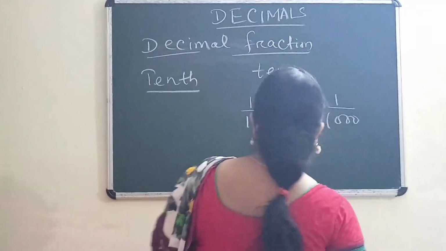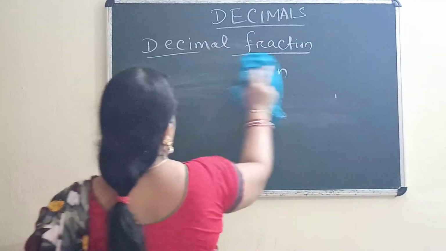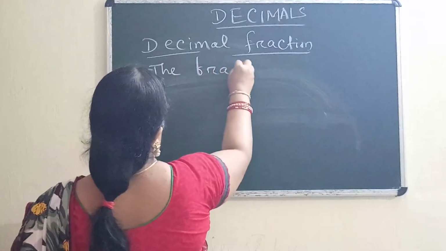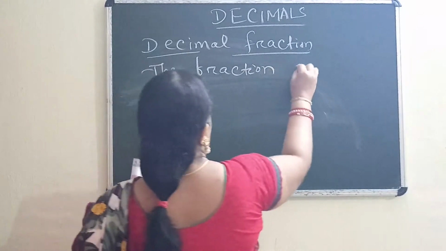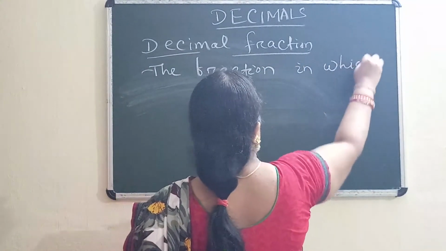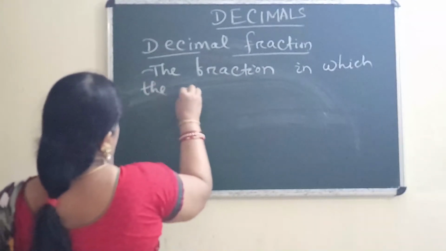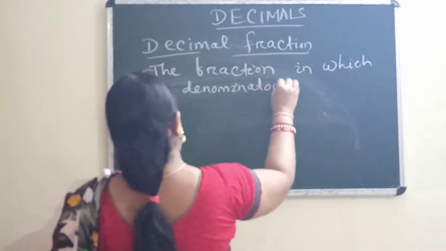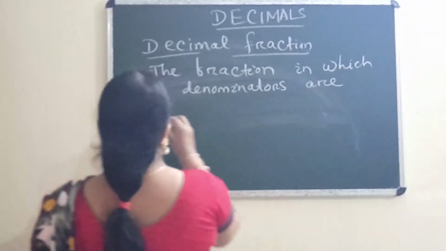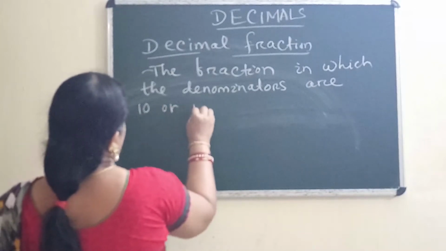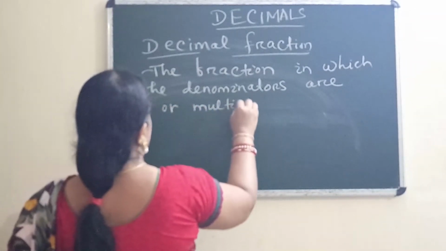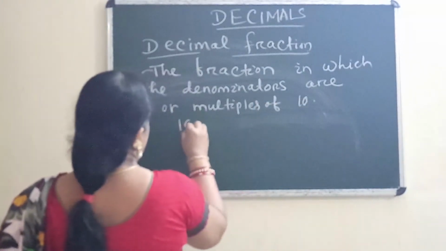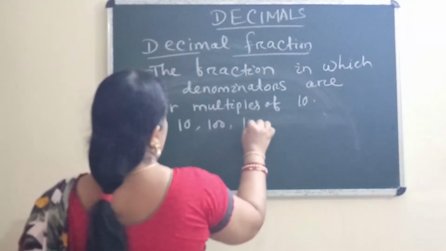So a decimal fraction means the fraction in which the denominators are 10 or multiples of 10, like 10, 100, 1000.